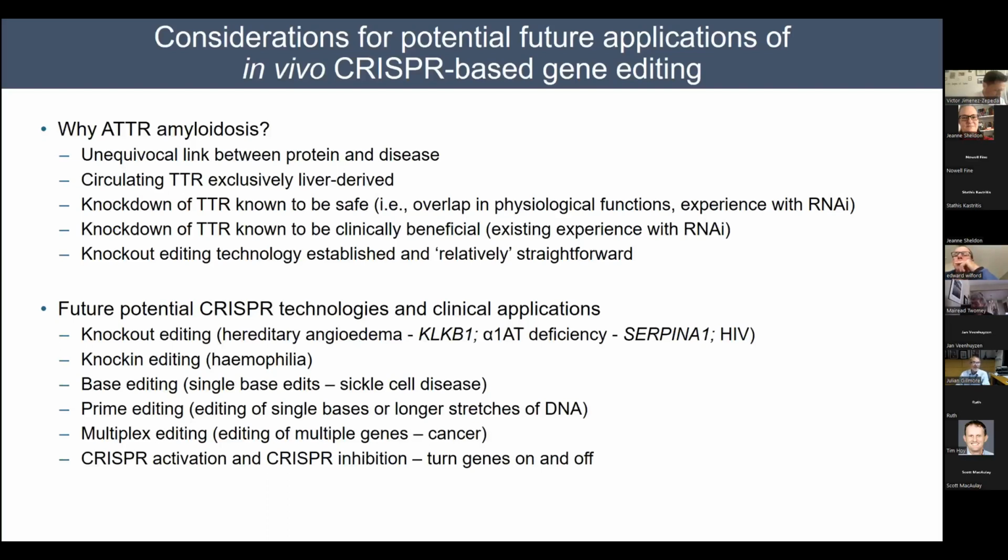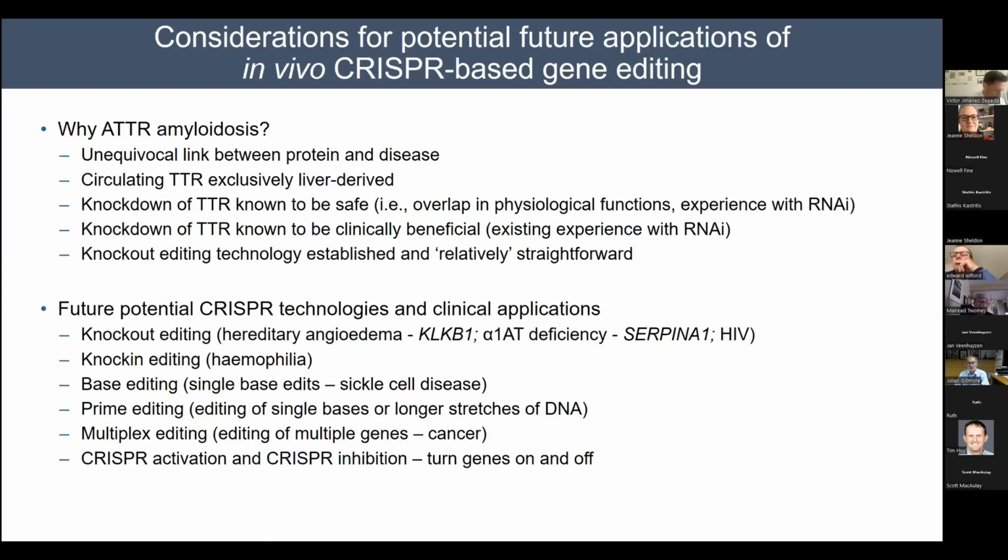There is knock-in editing, where you can potentially knock in a gene sequence, and that might be applicable, for example, to hemophilia. There's base editing, in which one can edit single bases, and that might be applicable, for example, to sickle cell disease.